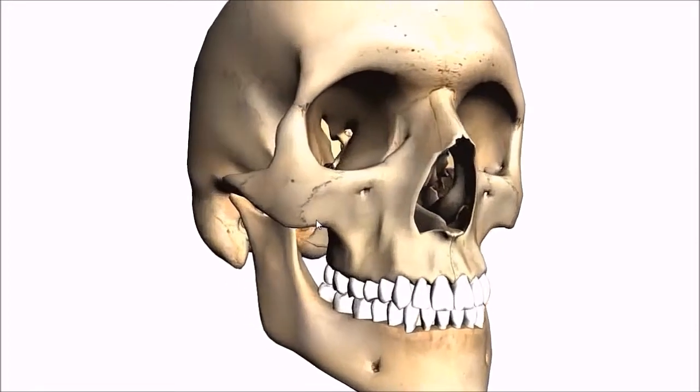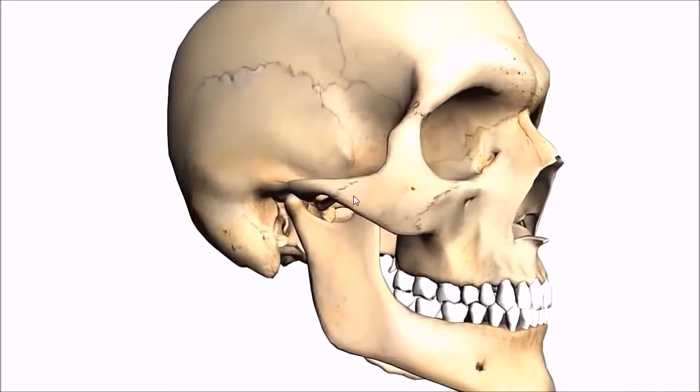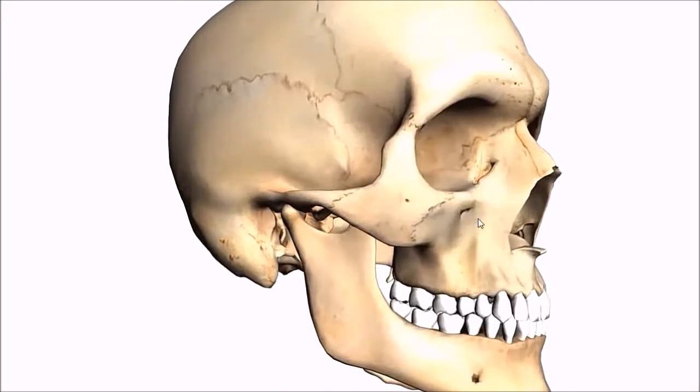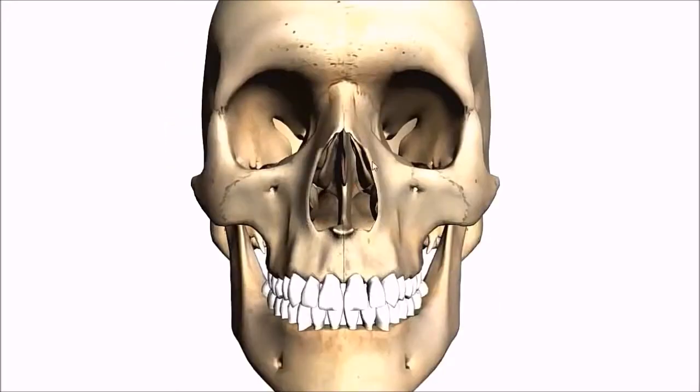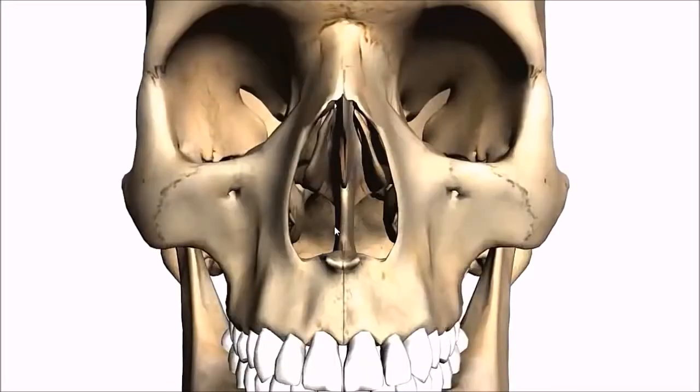Next, we've got the zygomatic bone, which is referred to as the cheekbone. It's the bone here which articulates with the temporal bone here, the frontal bone, and the maxilla. This big hole here is called the piriform aperture, and that's where the nose sits.